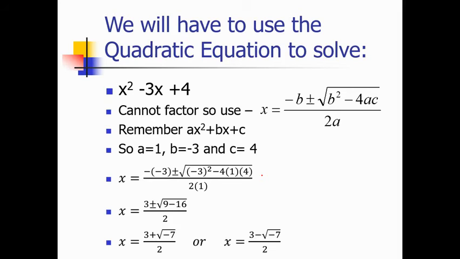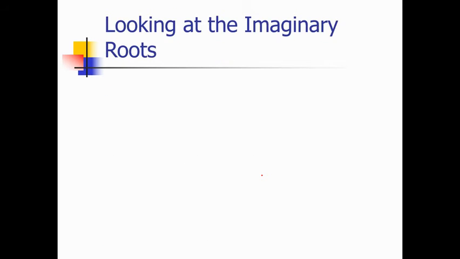Well, if I have a negative 7 underneath the square root, what does that mean? Okay, we're going to look at the imaginary roots here. And the imaginary roots, you're right, come from a negative number underneath the square root.